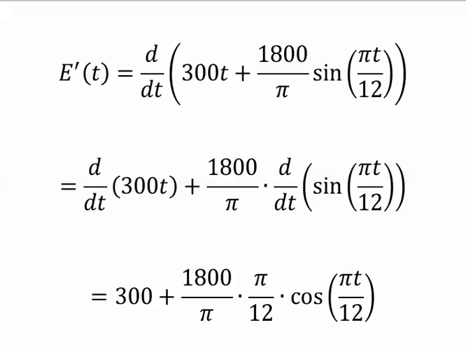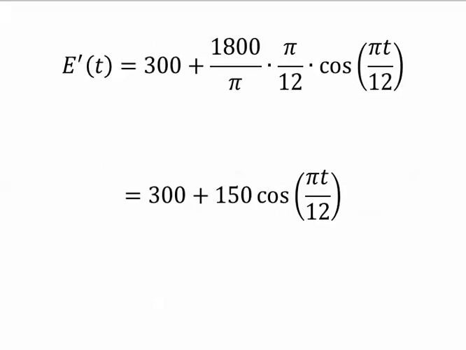And the derivative of sine of pi t over 12, we already found that to be pi over 12 times cosine of pi t over 12. And so we now have E prime.